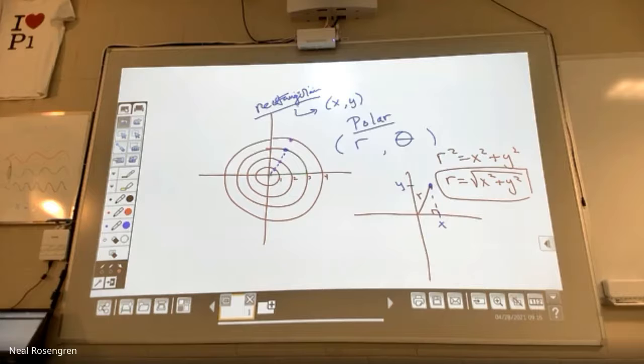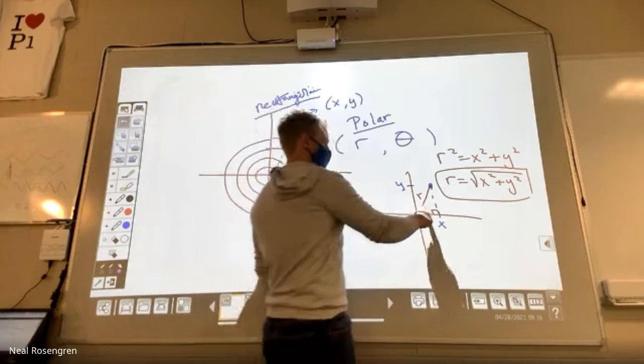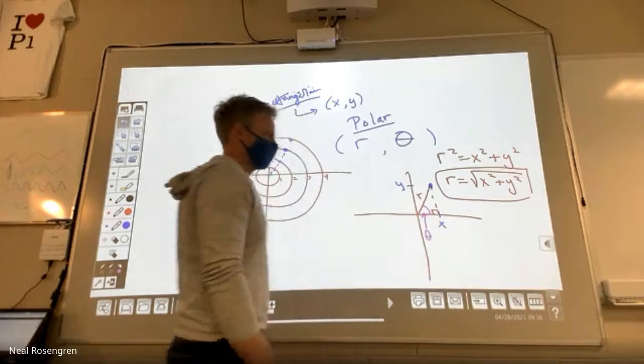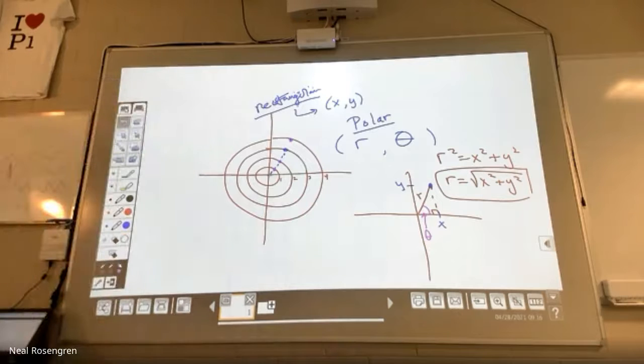How are we going to find theta right there, if the only thing that we know is xy? Now, sure, we could solve for r, and we'll do that as part of it. But maybe save ourselves a little bit of trouble and only use xy trig functions. It's right triangle trig.